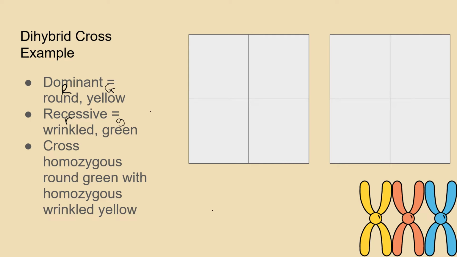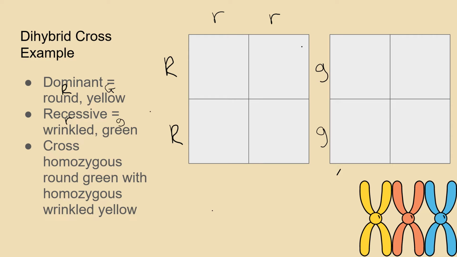So we'll do that. So homozygous round green. So round is our dominant, so we have it like that. And the other one is wrinkled, homozygous. So it'll be like that. And then yellow, homozygous.